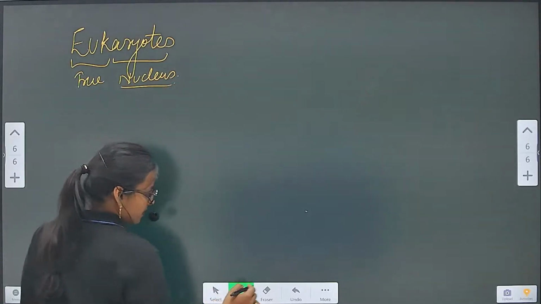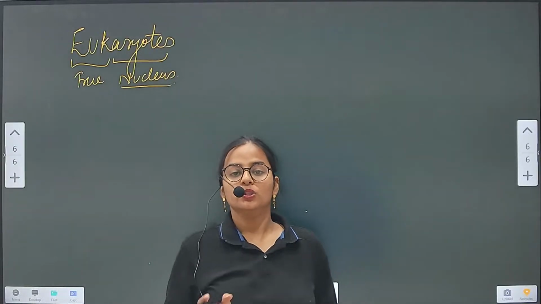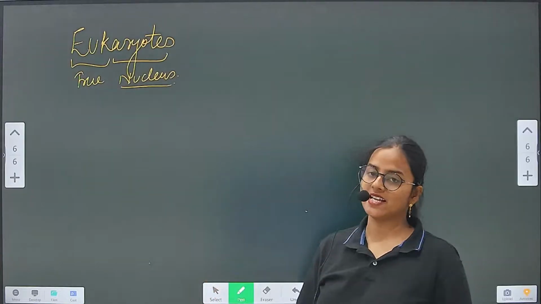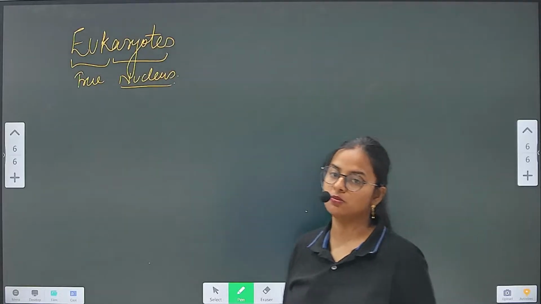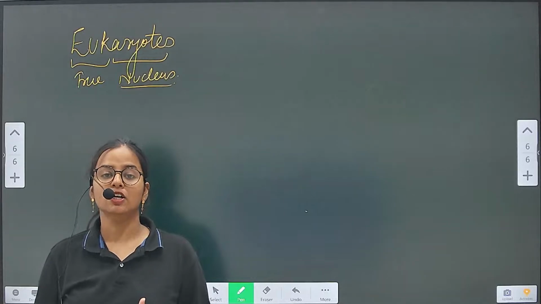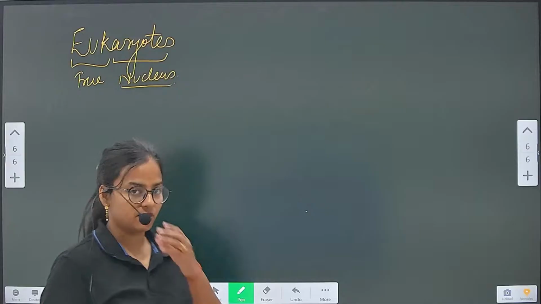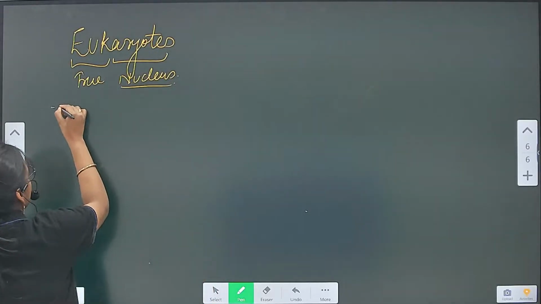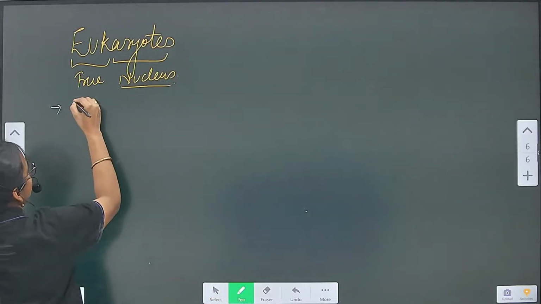So the cell bearing a true type of nucleus is simply called eukaryotes. And not only a true nucleus bearing system, the cell bearing all the membrane bound organelles is also placed in eukaryotes. Is that clear? So what are the salient features of eukaryotes?